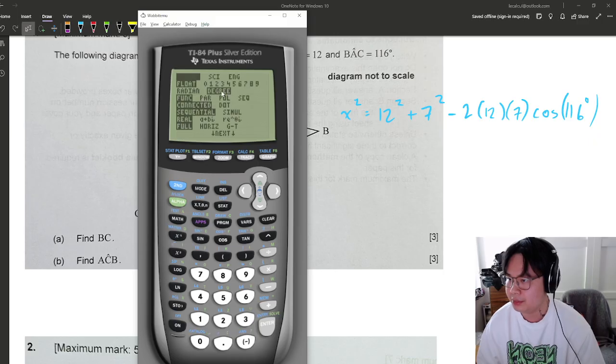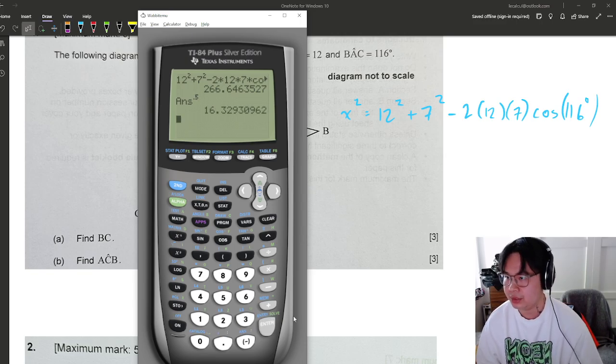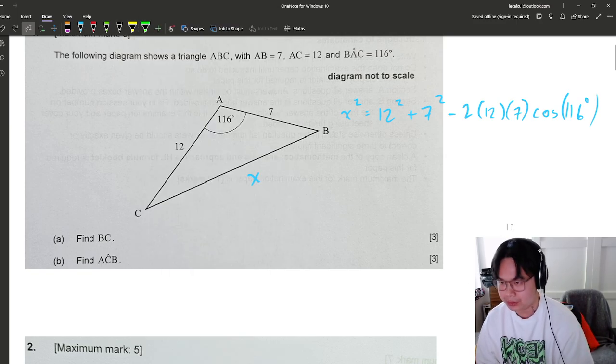Make sure I'm in degree mode. 12 squared plus 7 squared minus 2 times 12 times 7 times cosine 116. Okay, that's x squared, square root it. 16.3. Paper 2, 3 significant figures.